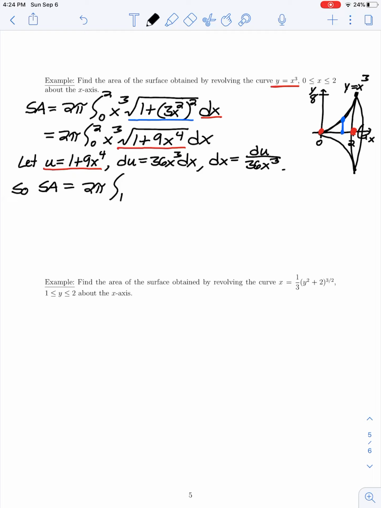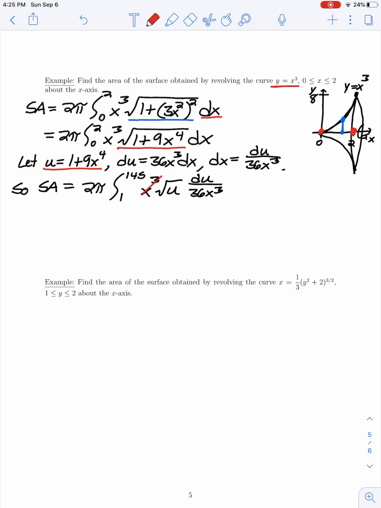And the upper limit in the original integral was x equals 2. Substituting 2 in for x, we have 2 to the 4th, or 16 times 9, plus 1, which gives us 145 for our u value. And now we had an x cubed times the square root of u, and the differential dx is equal to du over 36x cubed.